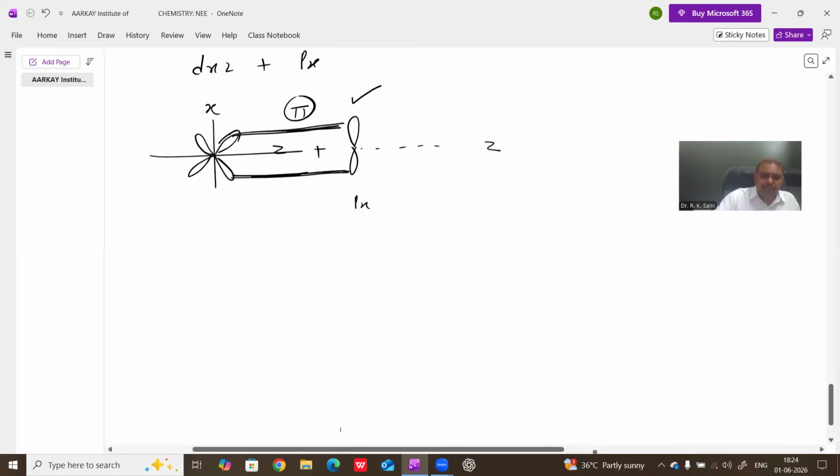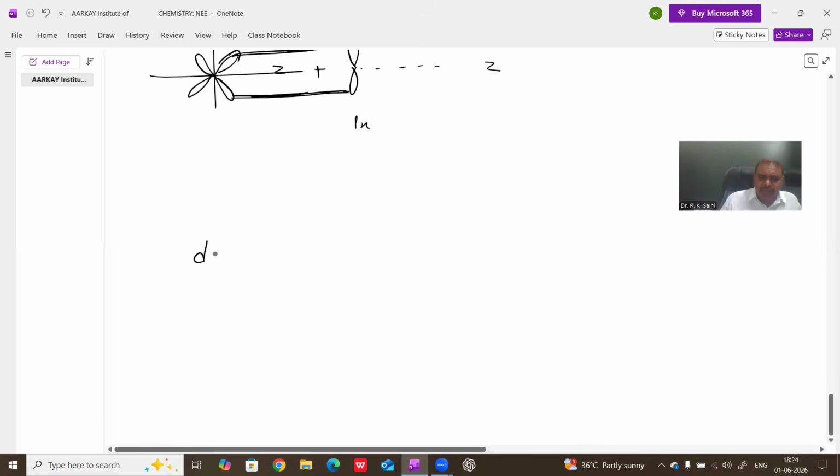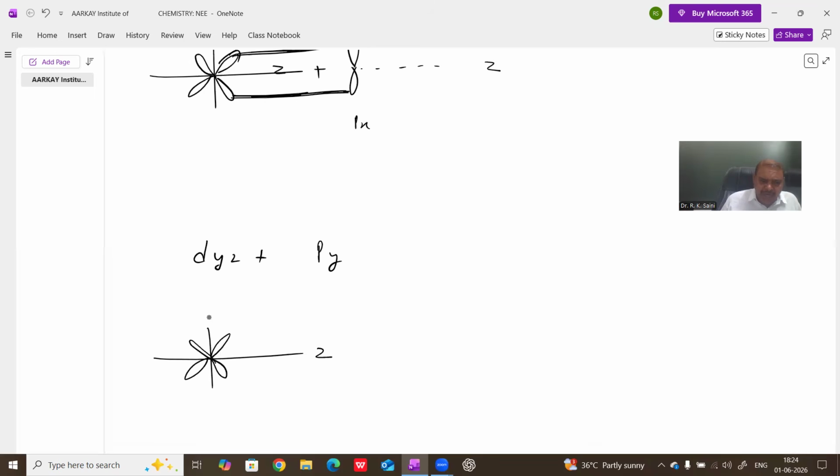Another example, one orbital is dyz and the other is py. dyz is another d orbital, and its lobes lie along the z and y axes. It is also planar. This orbital axis is taken to be z, and this is dyz, and now we take the py orbital.